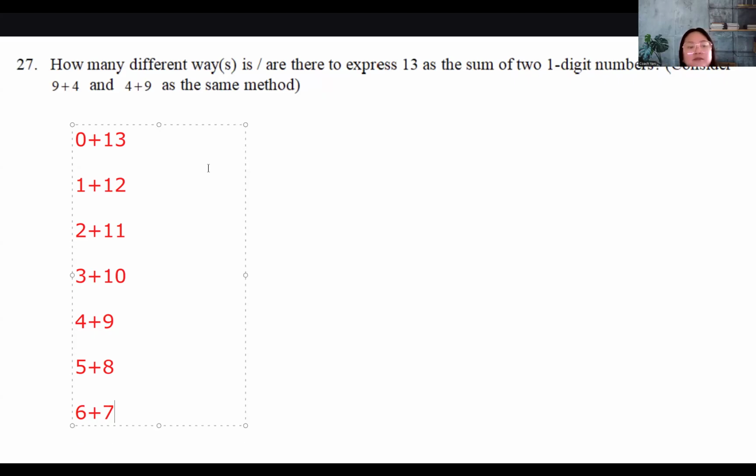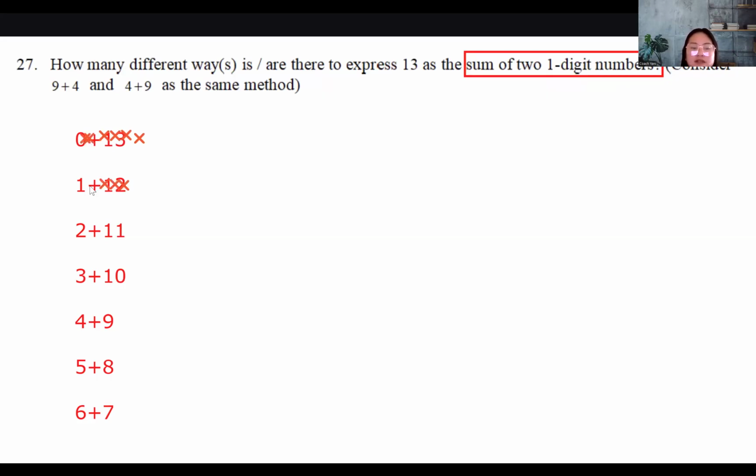Now, the important thing here is that it needs to be the sum of two one-digit numbers. So both of the numbers need to be one digit. 13 is not one digit, so this is already x. 12 is not one digit, so already x as well. Same with 11, and same with 10.